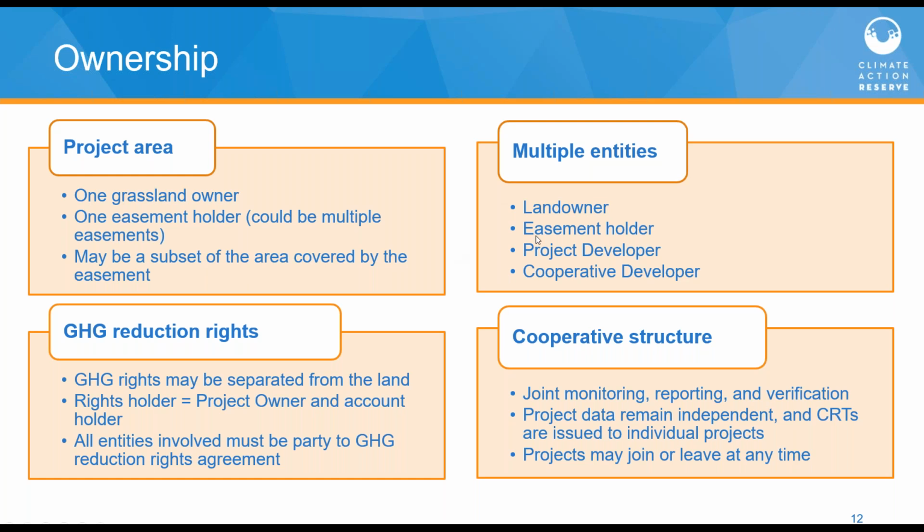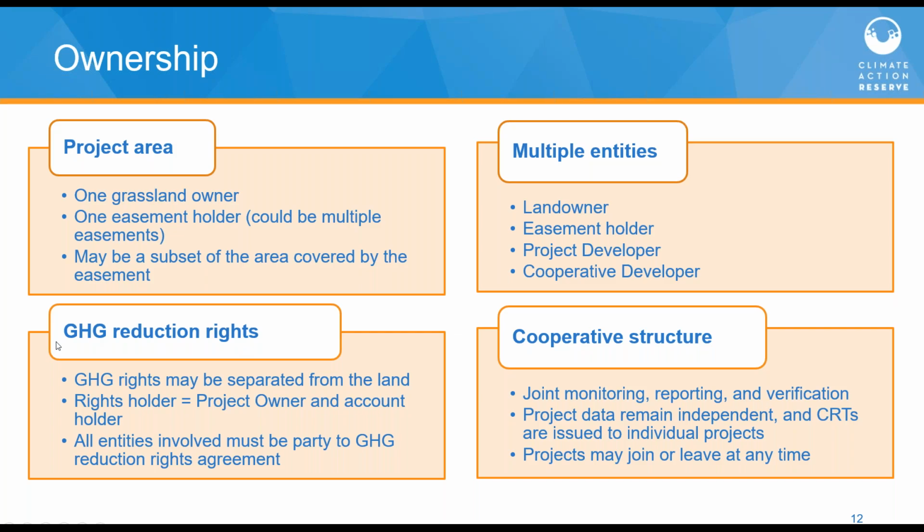If it's a cooperative, and I'll talk about cooperatives in a second, the project developer is what we call the cooperative developer, and that's where they're managing multiple projects. Now, these entities could be the same person. So the easement holder might be the project developer. We've seen that several times in the US. Or the landowner could be the project developer. We've also seen that. Or it could be a third party.